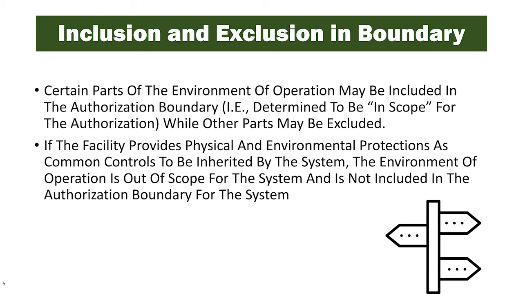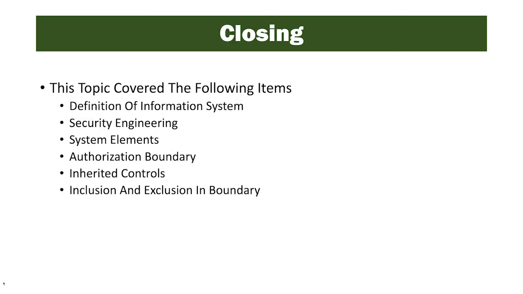In this example, maybe we have our system in a data center, and that data center provides things like cooling and humidity protection and fire prevention and physical security. In those cases, we won't worry about those controls if they're already covered by the common control set that's being provided by the data center. Those controls will be considered to be out of bounds for our authorization.